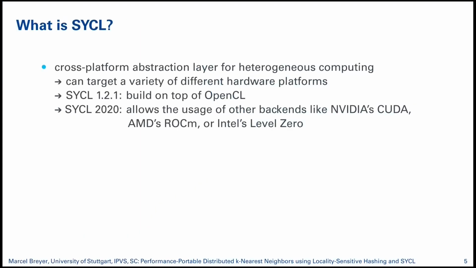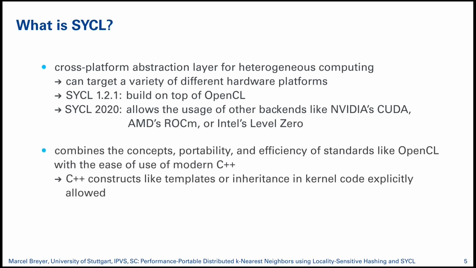SYCL is a cross-platform abstraction layer for heterogeneous computing, and therefore it can target a variety of different hardware platforms, being it CPUs or GPUs or FPGAs or special vector units from different vendors. While SYCL 1.2.1 built explicitly on top of OpenCL, SYCL 2020 allows the usage of other backends like nvidia's CUDA, AMD's ROCm, or Intel's Level 0.